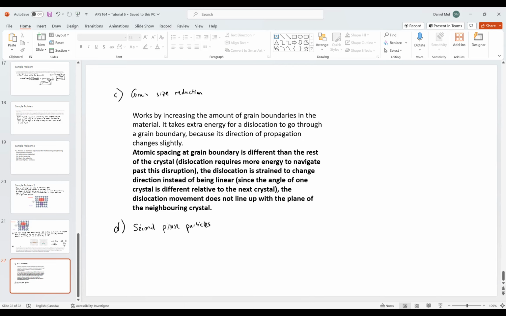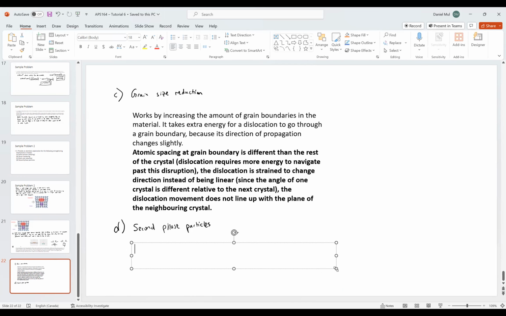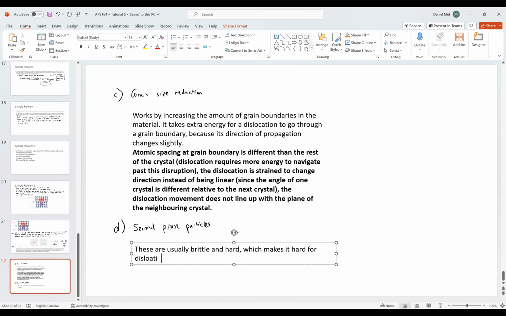These are usually brittle and hard. Hard for dislocations to move through them.